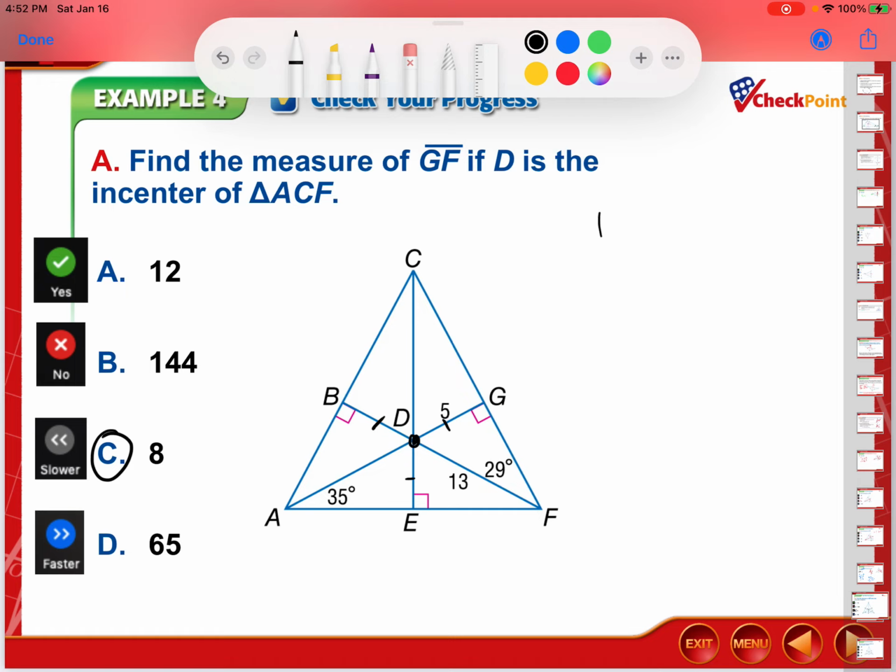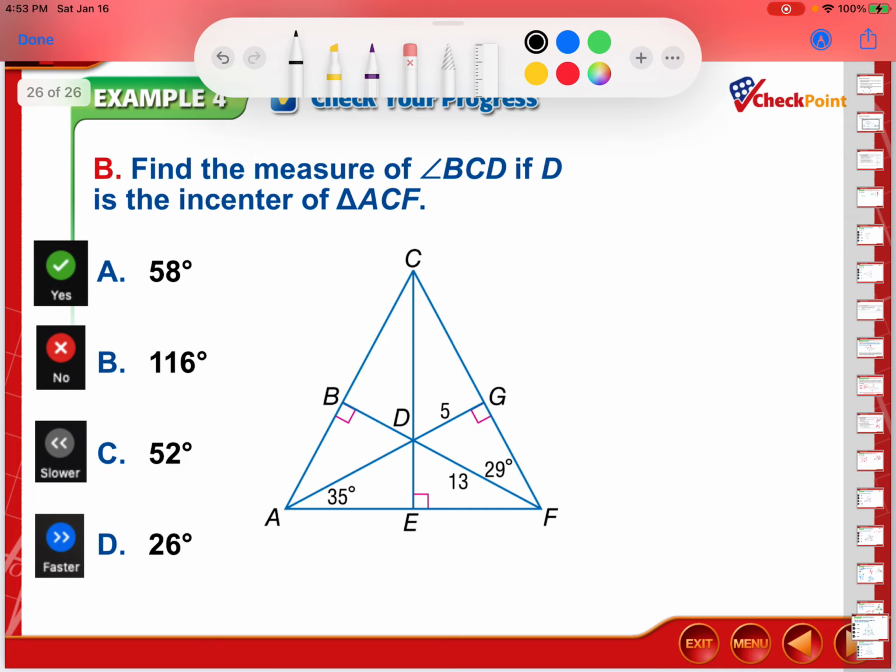So we would do 13 squared, which would be 169 minus 25 equals... Oh, I'm sorry. I lied. It's not 8. Because that's going to equal 144. Then we would take the square root of that, which would be 12. I lied to you. I sincerely apologize.